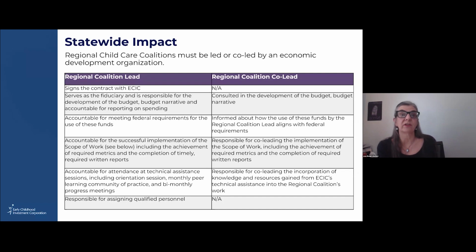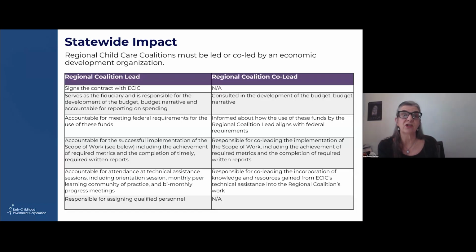This organization will serve as the fiduciary. They'll be developing the budget narrative, and they're going to be accountable for reporting on spending. These are federal CCDF block grant dollars, and they do come with requirements for the use of these funds.